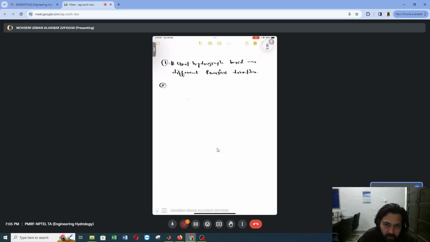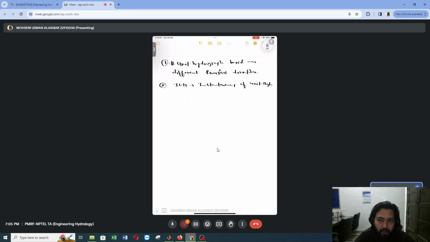Then the second topic is the IUH, which is called the instantaneous unit hydrograph. This is similar to the unit hydrograph, but the only thing that changes is the time duration. In a unit hydrograph, the duration can be 2 hours, 3 hours, or anything, but this is instantaneous, at a particular instant.